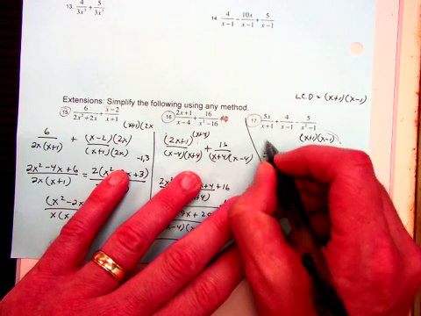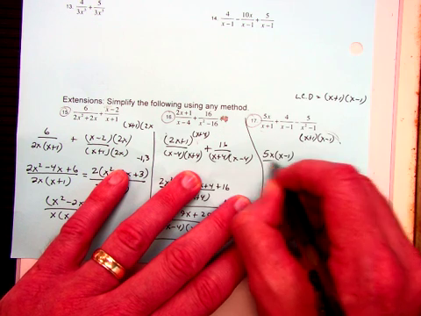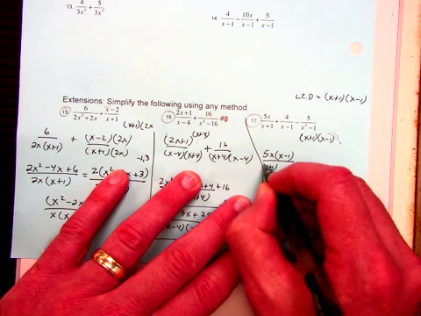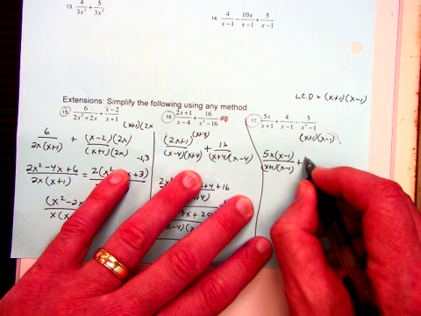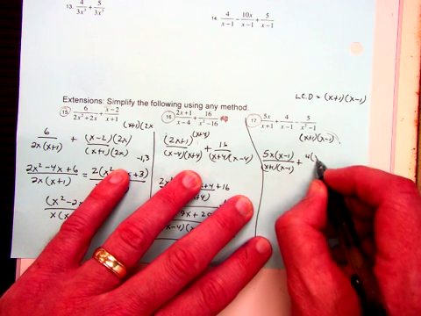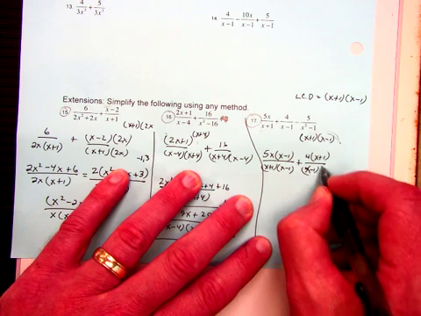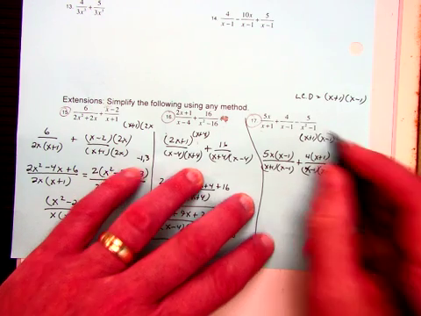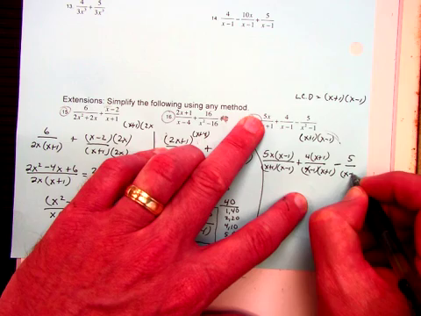So this one needs an x minus 1. Okay, this one needs an x plus 1. So it's plus 4 times x plus 1. And this one just stays the same, and that is a minus 5 over both of those.